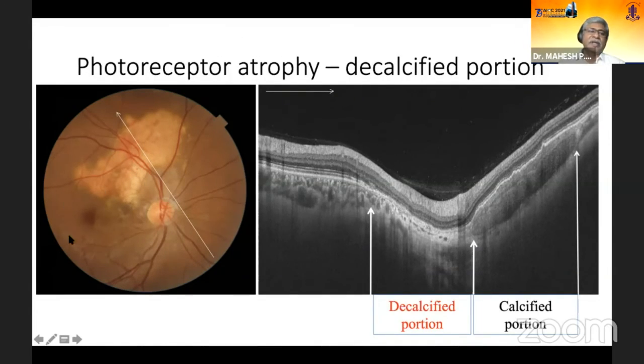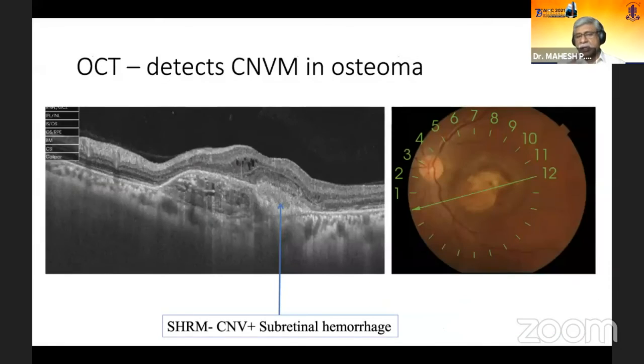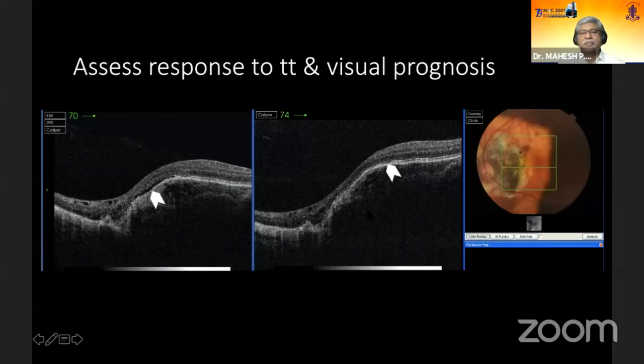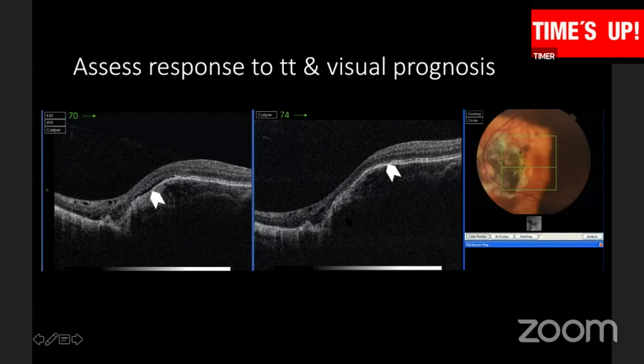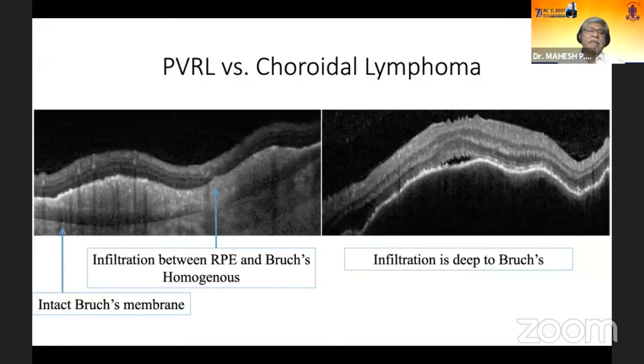So if the decalcified area involves the macula, then these patients are likely to have poor visual prognosis. That is something which you can tell the patient. Of course, the OCT can also pick up the associated choroidal neovascular membrane in a patient with choroidal osteoma. And in all these patients, like a hemangioma or an osteoma with a CNVM, the OCT helps us see the effect of treatment, anti-VEGF treatment or photodynamic therapy or things like that.